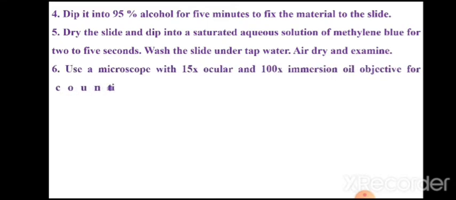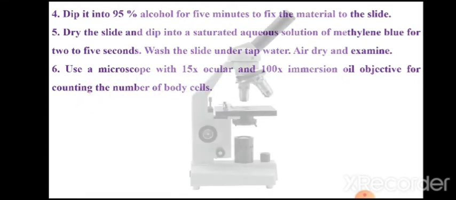Then it is ready for examination under the microscope. Now since we are observing bacterial cells and somatic cells, we need to make use of 100x immersion oil. The 40x objective will also do, but the resolution will be poor, and therefore for the sake of getting more resolution, we can make use of a 50x ocular and 100x objective for counting these somatic cells.